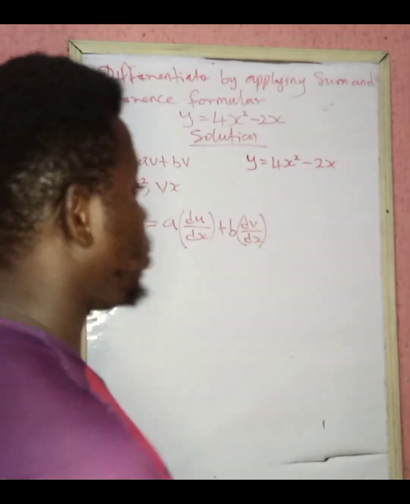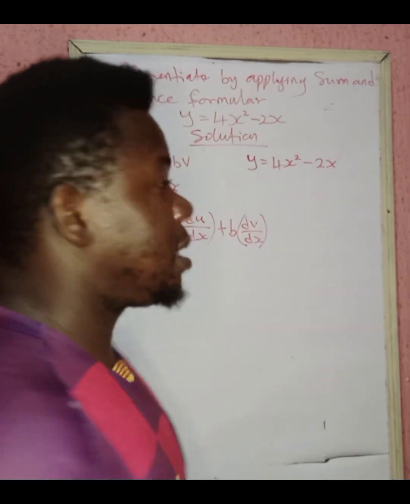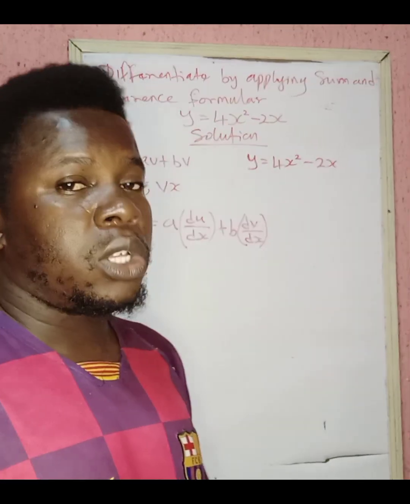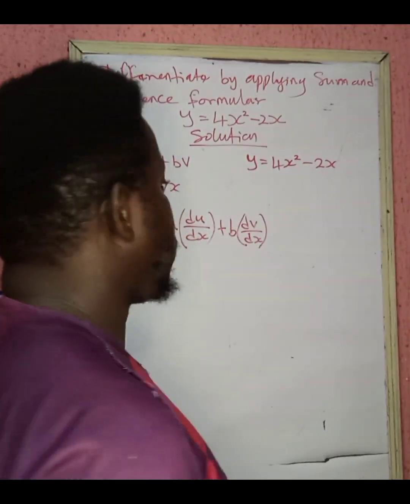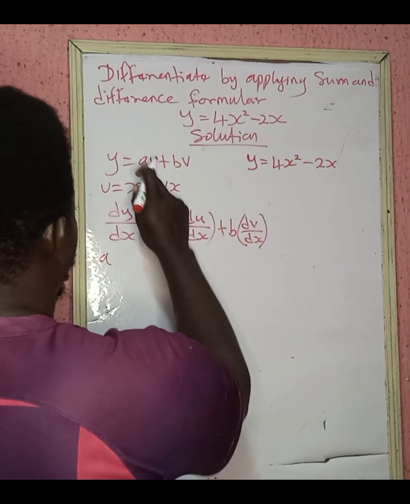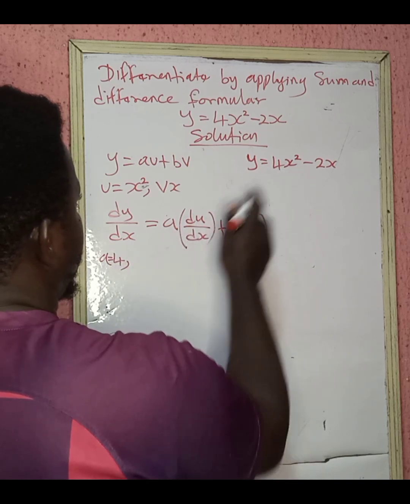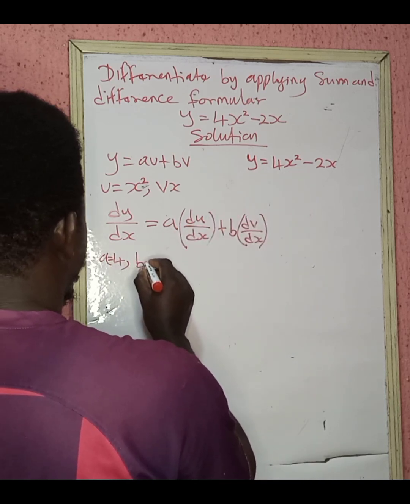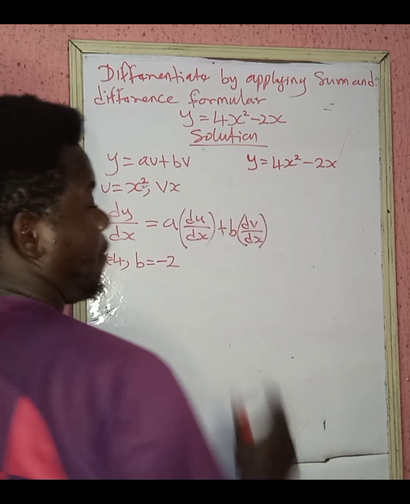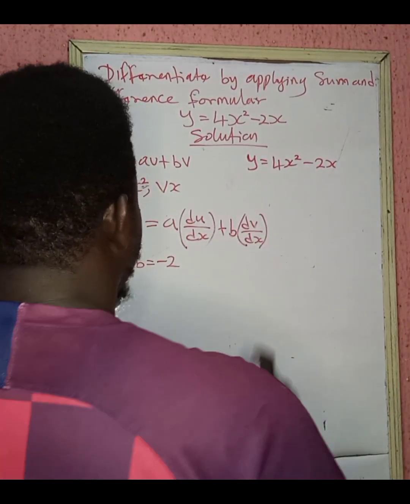Remember, in this formula we need to get our a, du dx, our b and our dv dx. Those are separate solvings on their own. So we'll get that separately. Our a, which is this, is 4, while our b, which is this, is minus 2. Don't forget the sign. The signs are very important.